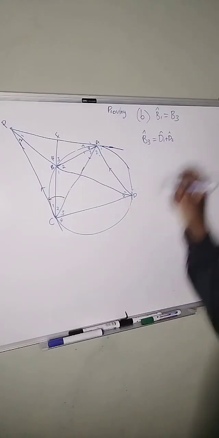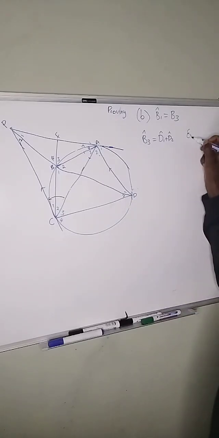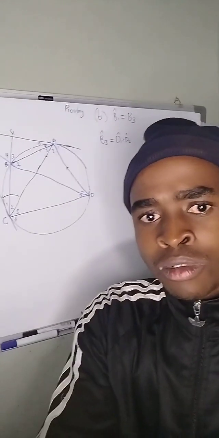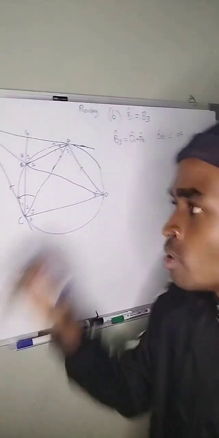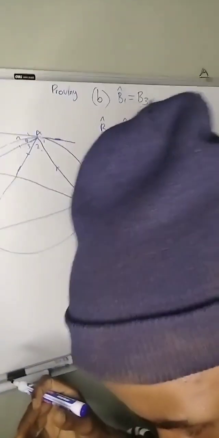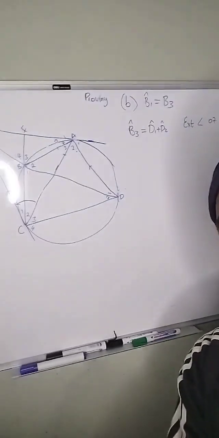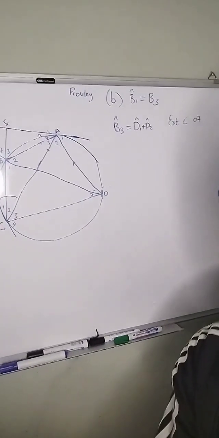This is going to be equals to D1 plus D2. It is the exterior angle of a cyclic quad. That is not visible, so I no longer need that. Let me bring this closer. Yeah.